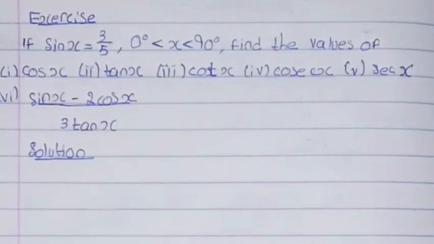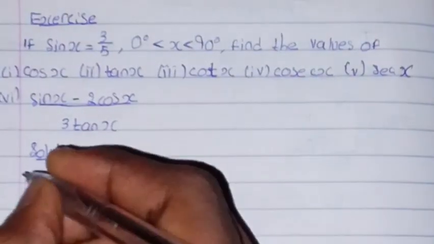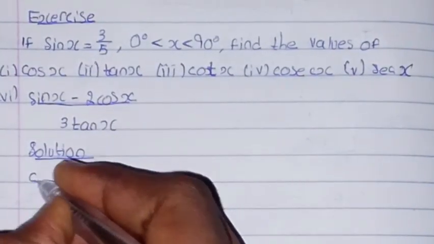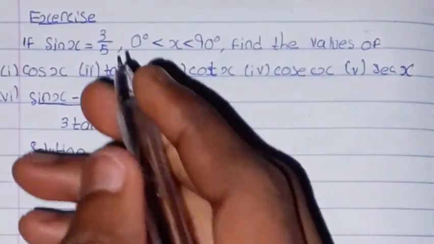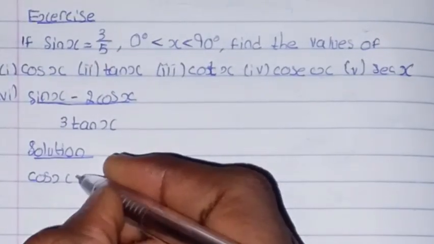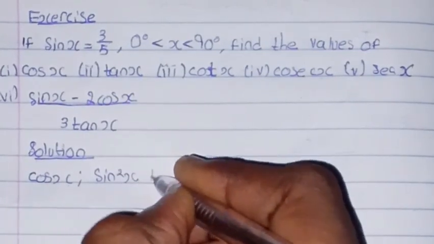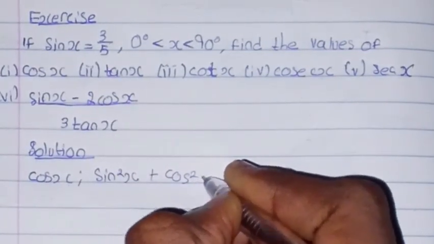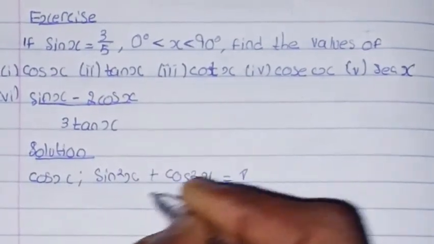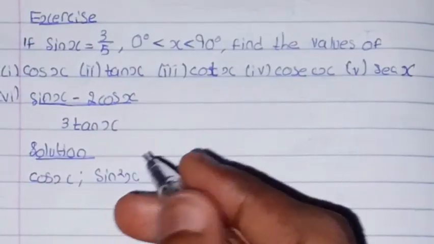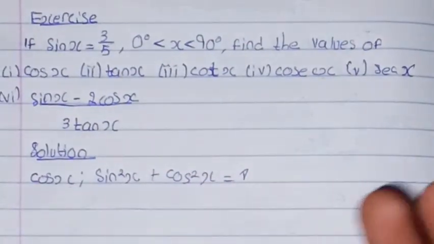Now, let's start with i, cos x. Remember, we established a trigonometric identity that sin square x plus cos square x was equivalent to 1. So if we know sin x, we can evaluate cos x, right?